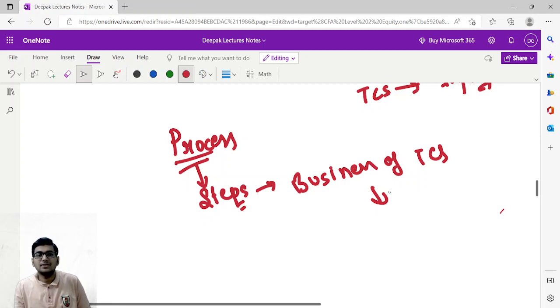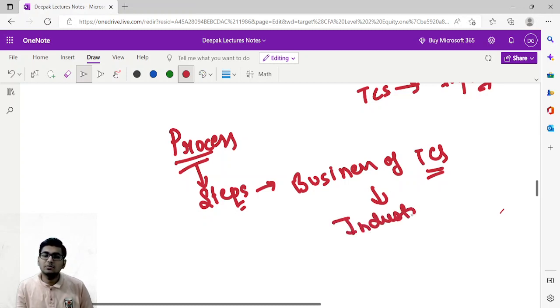They make software, they develop websites, they give consultancy, they also work on IT infrastructure, more specifically on security systems. So all these things are the business of TCS. Clear? Also we need to understand the industry, how the IT industry is performing.